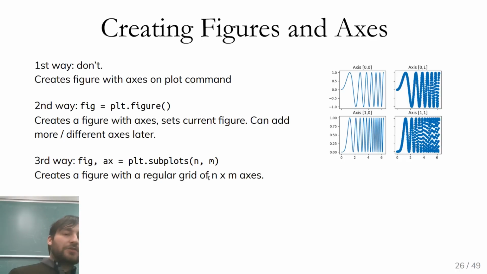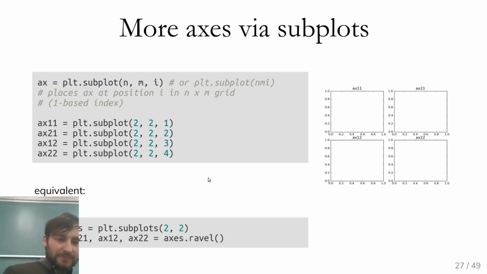All right, so this is how I can create figures. The subplots command creates figures and subplots. If I already created a figure, I can also add more subplots later. And again, there's kind of two ways to do this.